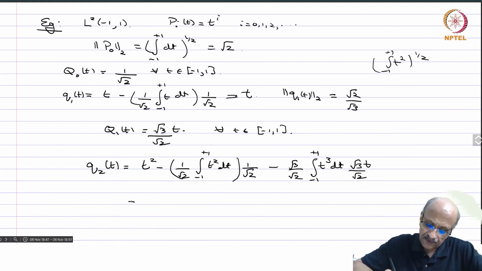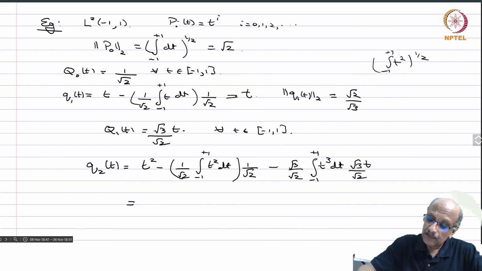If you simplify this, this t cubed integral will not give you anything, because you get t to the power 4 when you integrate. It's an odd function, and therefore you will get 0. So if you simplify this, you get t square minus 1 by 3.